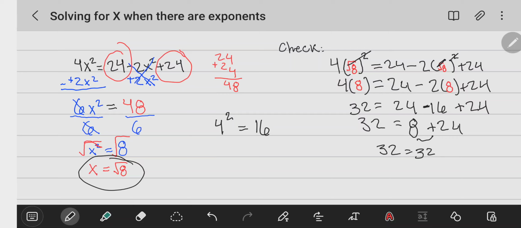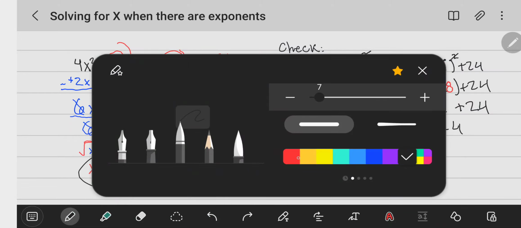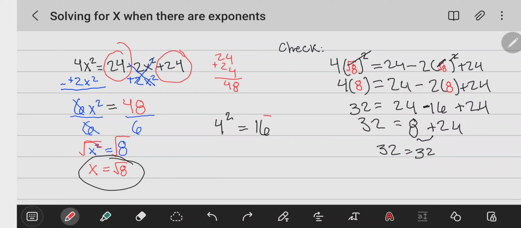Now, if I were to take this 16 right here and place a radical over it, right? If I were to take that 16 and place a radical over it, what I would get would be equal to 4.